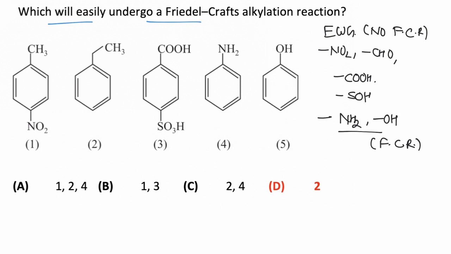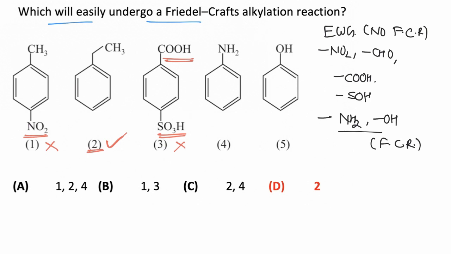Now if we consider the first example, in this case Friedel-Crafts reaction is not possible because the deactivating group NO2 is present. In the second case, no deactivating groups are present, so Friedel-Crafts reaction is possible. In the third case, two electron withdrawing groups are present, so Friedel-Crafts reaction is not possible.